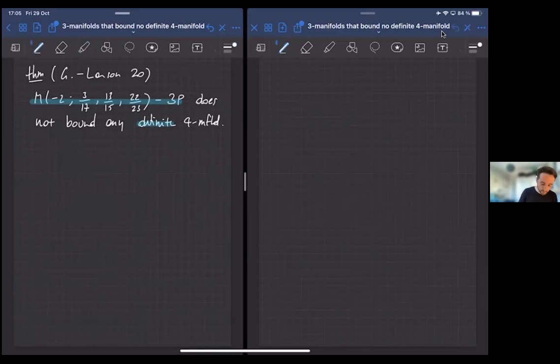So let me start by telling you what definite means. I will take a bit of a long route around. I will take it as an excuse to introduce one of the main objects of what we did, which is the intersection form of a four manifold.